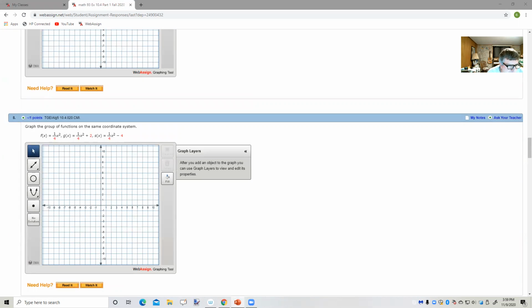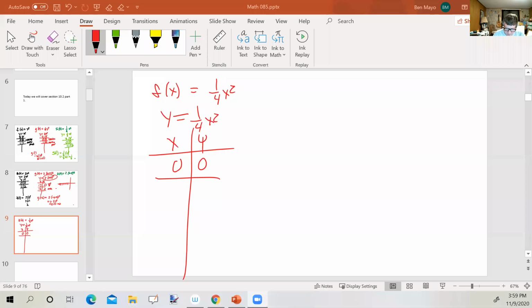By now, you're probably falling asleep. But we've got f of x equals 1/4 x squared, which is y equals 1/4 x squared. Okay. Now, the vertex is still at 0, 0, right? Because it's in the form y equals ax squared.